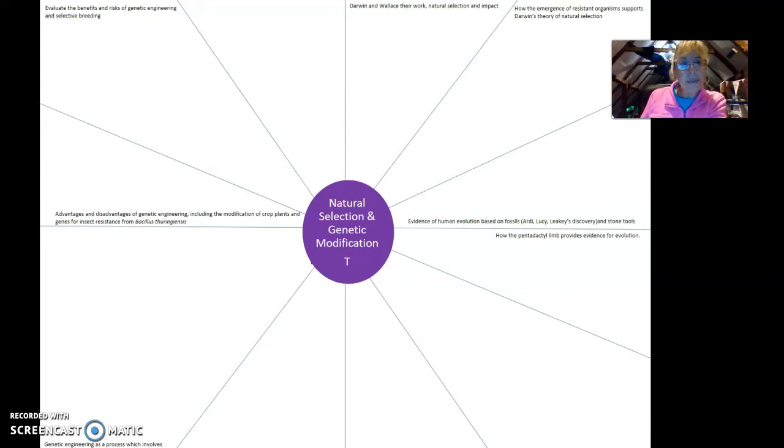So 78, it talks about genetic variation, it talks about natural selection, and it also talks about antibiotics and antibiotic resistance. So that's an example of natural selection.